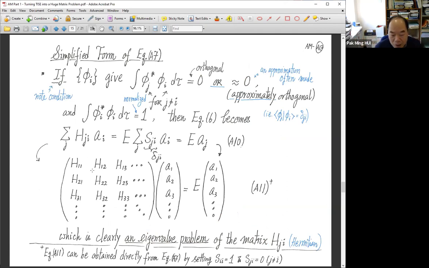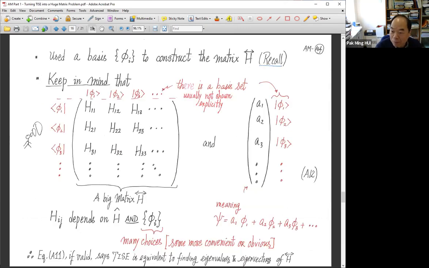Remember, when we say H12, we have a function phi1 star on the left, phi2 on the right, that are the bases. And then the H, the problem in between, and do an integral, okay? So if you sometimes get confused, think about this thing as this, that will help. That's my experience, okay? If that point never bother you, good for you, okay?